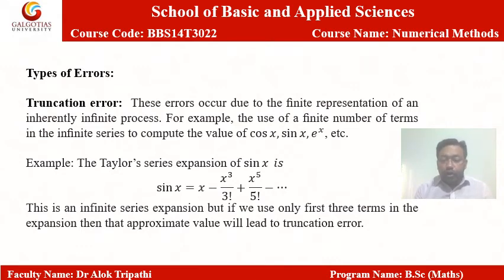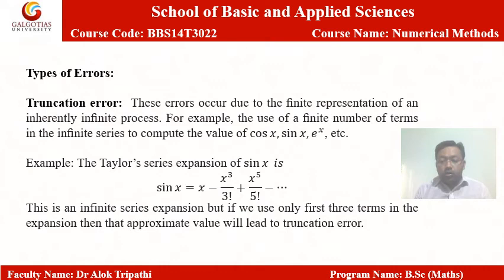But if we want to calculate sin 0.2 using the Taylor series expansion, then we cannot use infinite terms. 100% we have to use some finite number of terms. But if we use some finite terms, then the value of sin 0.2 will not be accurate.